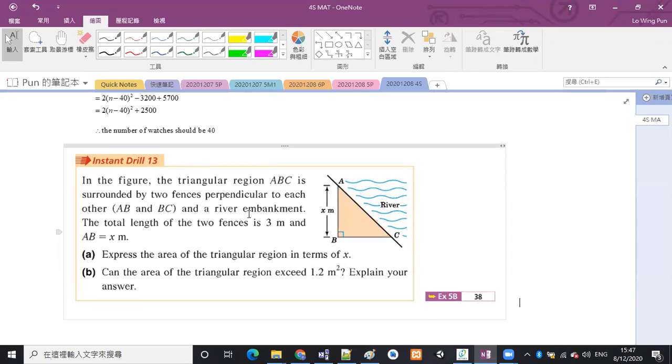Okay, and it is about chapter 3 and chapter 5. Chapter 3 and chapter 5 for the tests this Friday. Okay, because this is all about the quadratic function and quadratic equation. Okay, so after the test, and for the next week, we will start chapter 6.